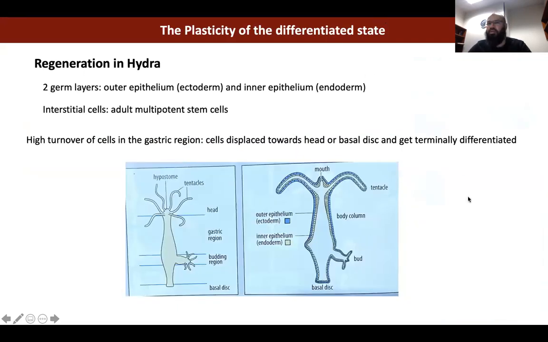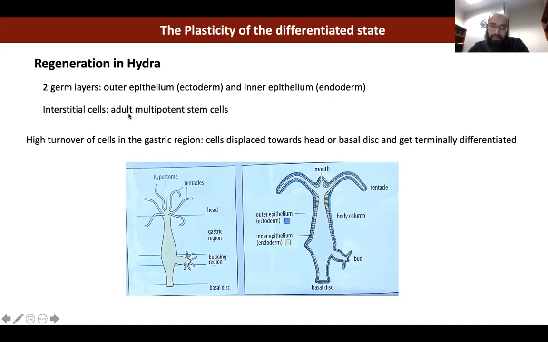Okay, so now we consider in a little more detail how regeneration in Hydra actually occurs. So first we understand the structure of the Hydra. It has two germ layers, outer epithelium, that is ectoderm, and inner epithelium, that is endoderm. So there is no mesoderm, so it has only two germ layers. And there are these interstitial adult multipotent stem cells.